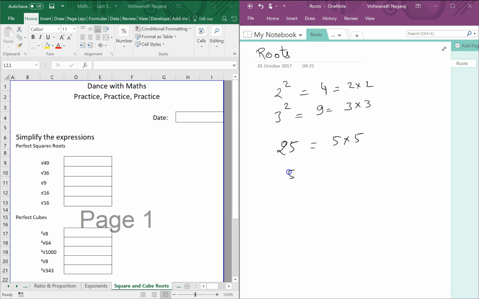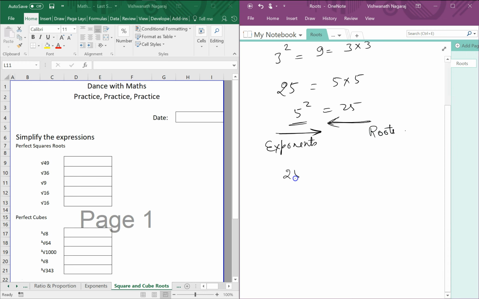So one of the ways of looking at it is 5 into 5, or in terms of exponents, 5 square is 25, right? So if we go in this direction, it is exponents. But if we go in this direction, then it is roots.